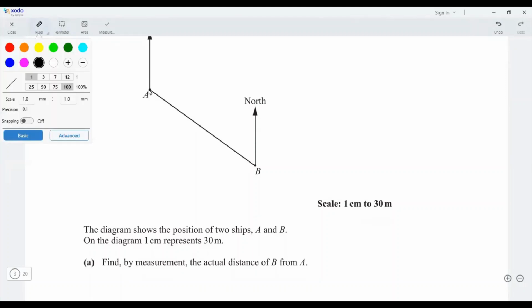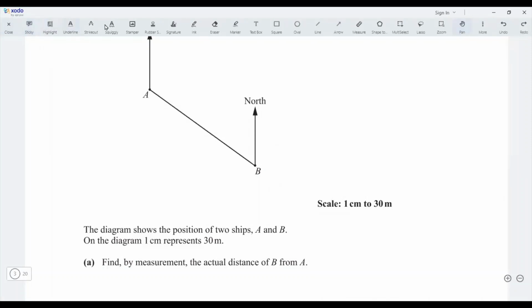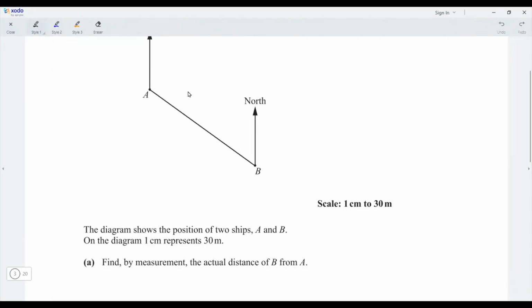So if you check from point A till point B, it is giving us approximately 56.5 millimeters, or in centimeters it will be 5.65, because 56.5 millimeters divided by 10 will be 5.65.